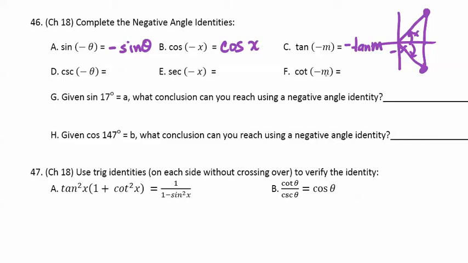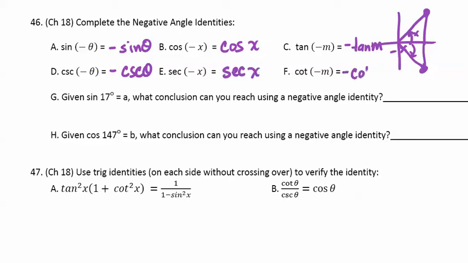And then for their reciprocals, the reciprocal matches up with the ratio itself, so doing a reciprocal doesn't change the positive or negative value. So the only ones where the negative sign drops out would be cosine and secant.